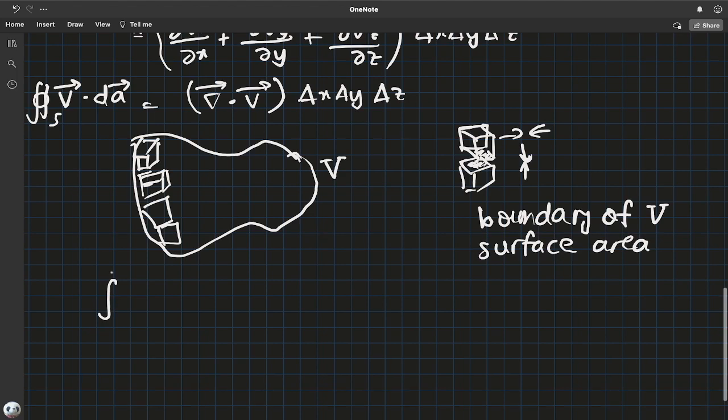So putting all of these cubes together, you just get the surface area of this entire thing.